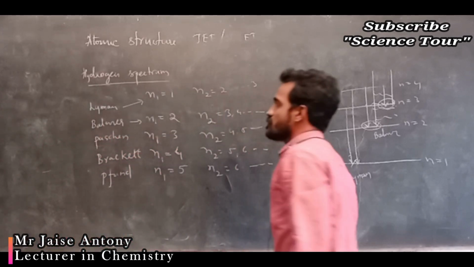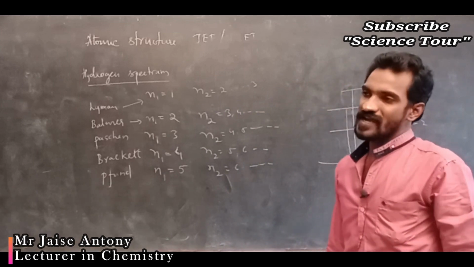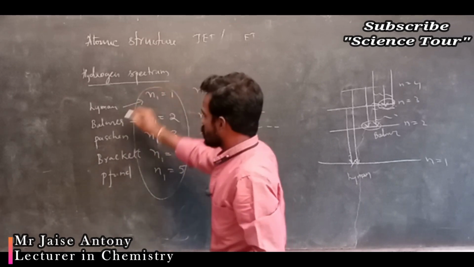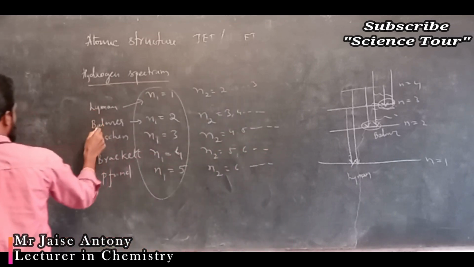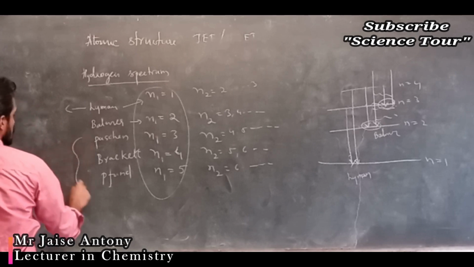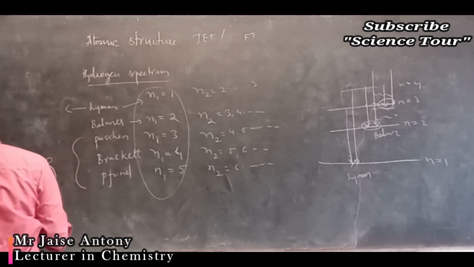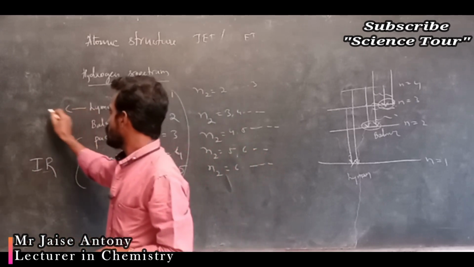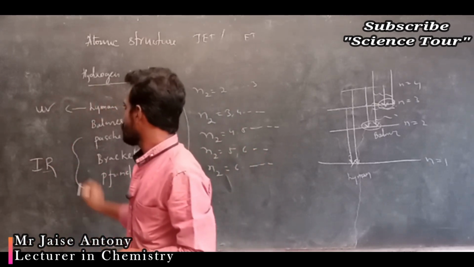You note down this one, my dear students, hydrogen spectrum. This is the point we are studying: Lyman series, Balmer series. Of these, the last three are in the infrared region. The wavelength comes in the infrared region, and Lyman is the UV region.